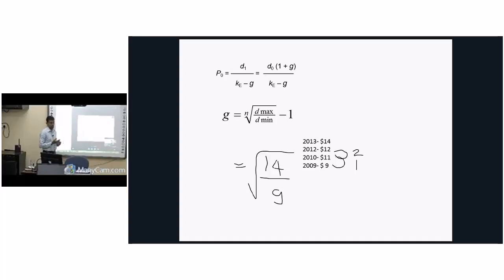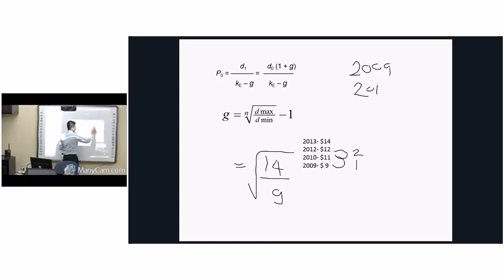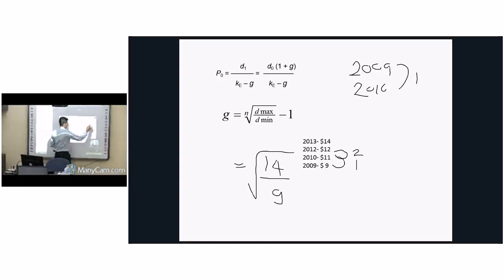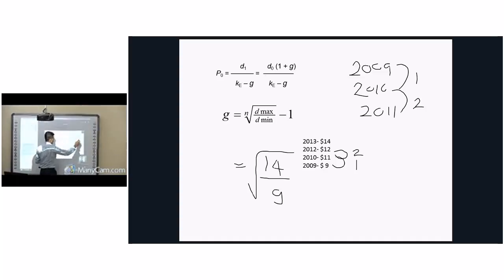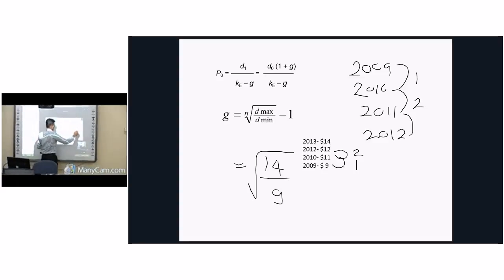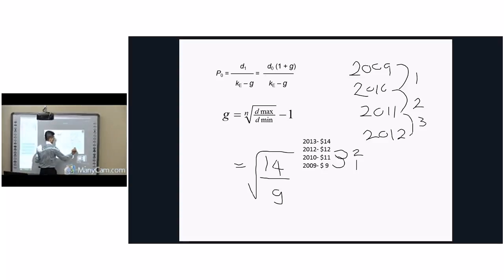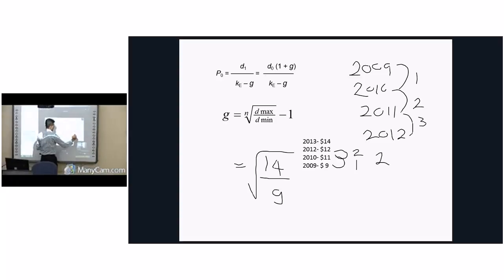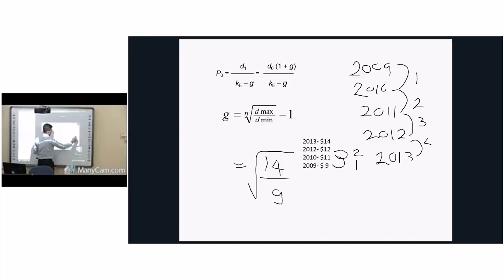So 2009 to 2010 would be 1, 2011 would be 2, 2012 would be 3, 2013 would be 4.